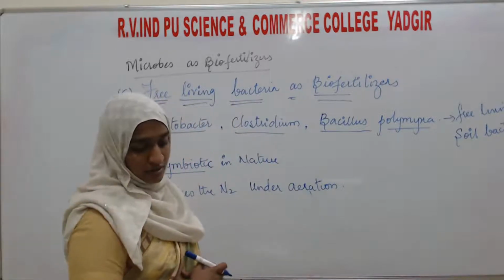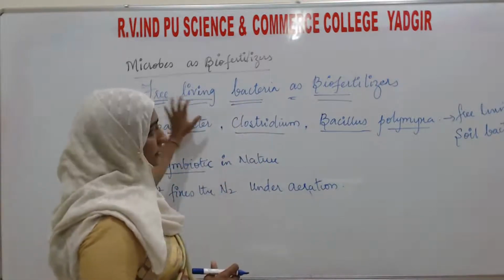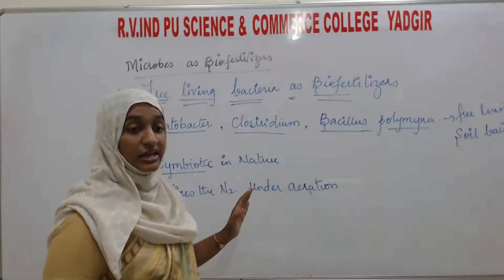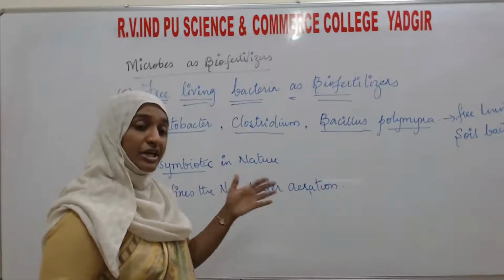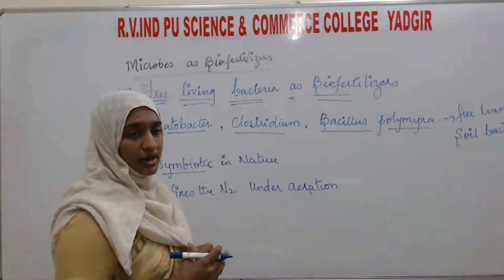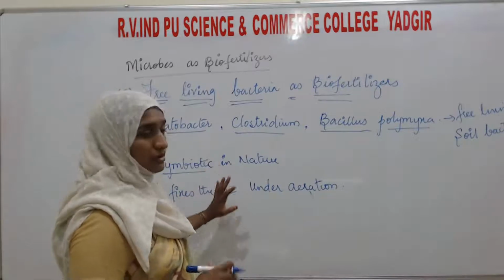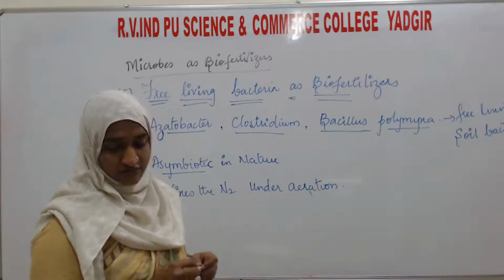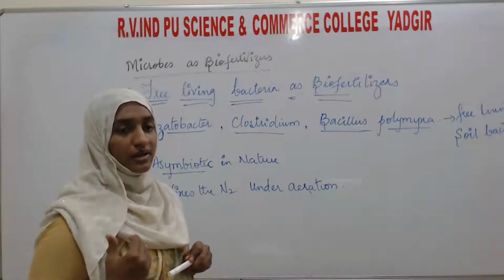Then, this is about free living bacteria. They are not in any close relation with any other organism. Freely they are present, and freely they will fix the nitrogen in the atmosphere. Okay, this is about the third topic. The fourth topic is cyanobacteria as nitrogen fixers. Till now we had studied only the bacteria.